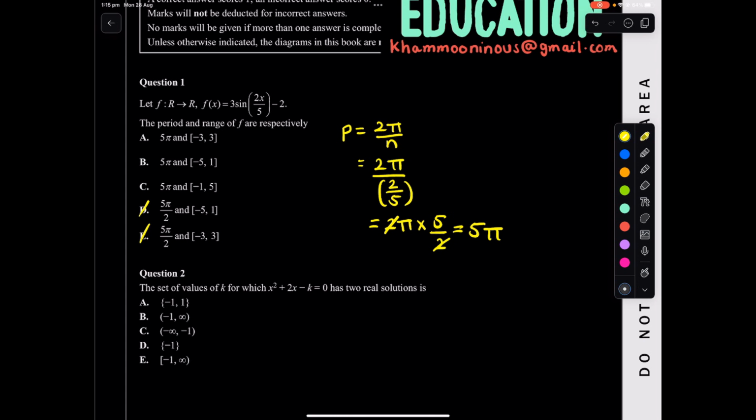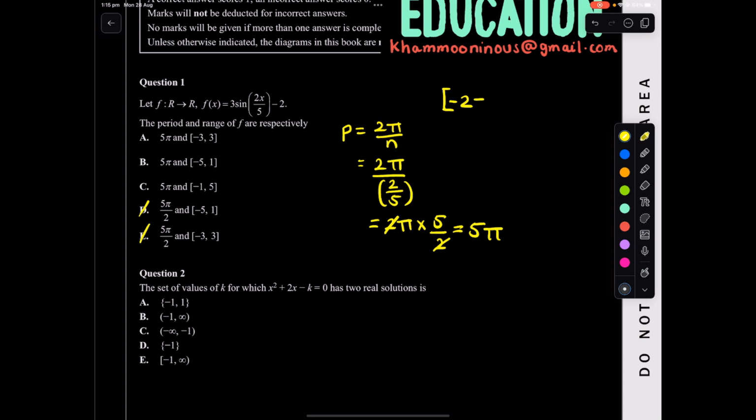What about your range? An actual quick way to do the range is look at this and your amplitude. So look at the translation in the y-axis and the amplitude. So first thing I would do is put a square bracket, and this first number, your actual translation, put -2 here.